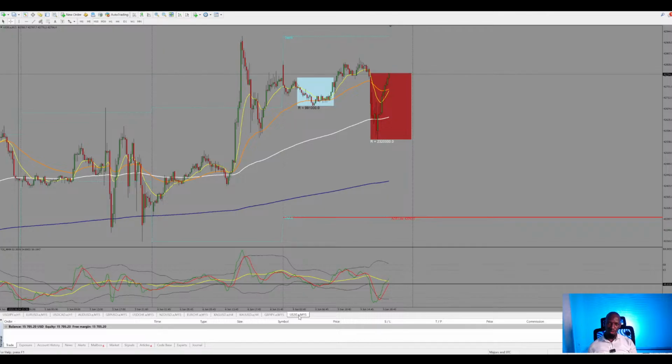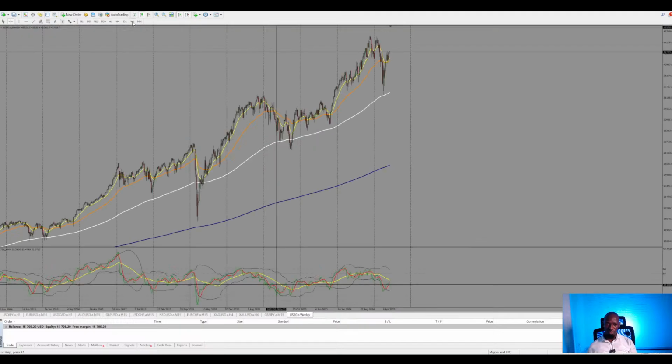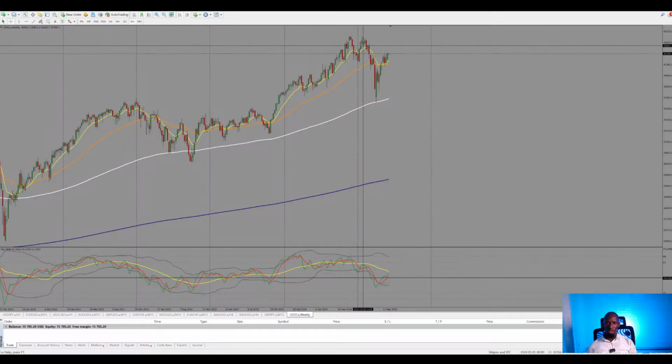So if you look at the US 30, so this is an index. Again, we do a quick top down. We see we are looking for, so here the weekly shows that there's an obvious selling bias.